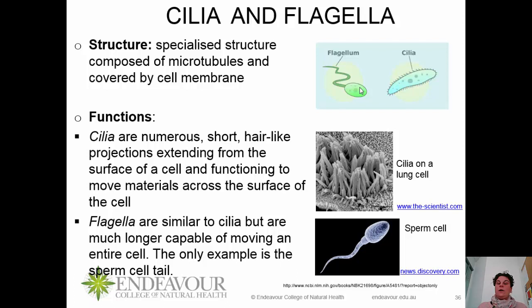You can have numerous cilia on the plasma membrane. What cilia are is basically the plasma membrane prodded out by the underlying microtubules. So you almost want to imagine the microtubules growing out and taking the plasma membrane with them.